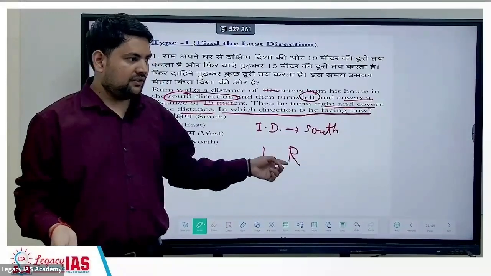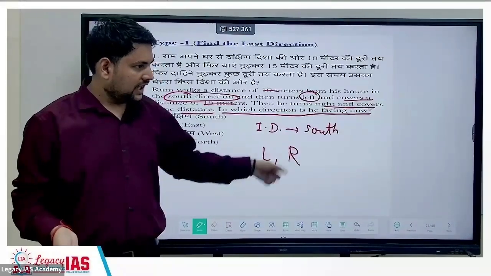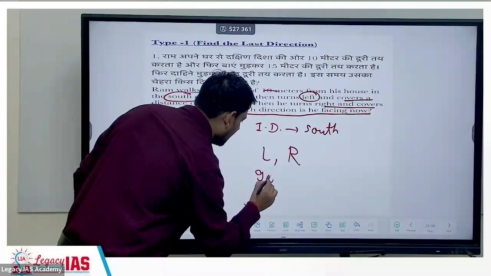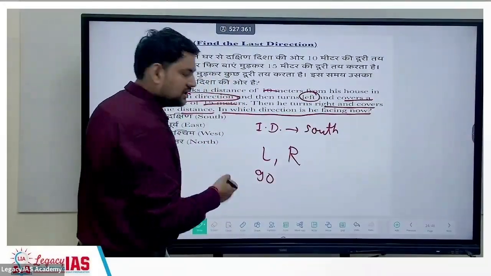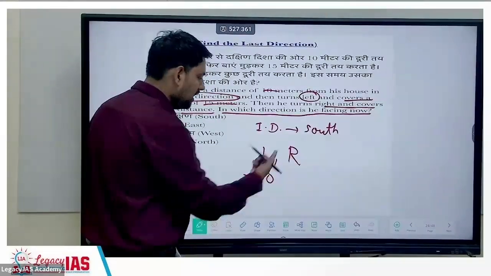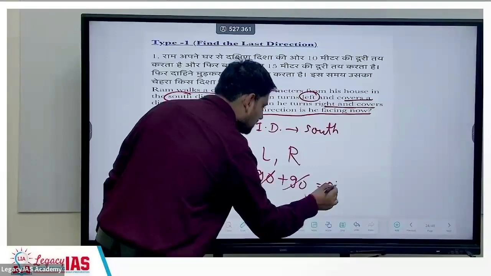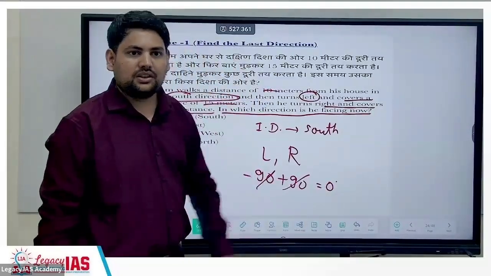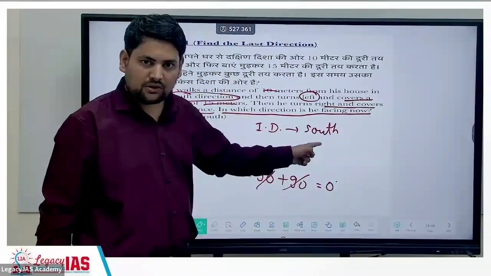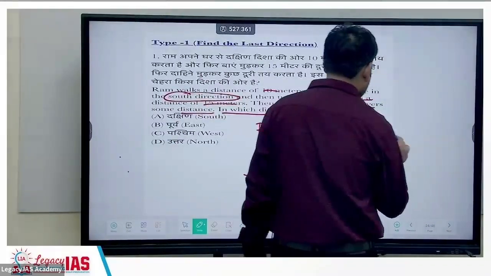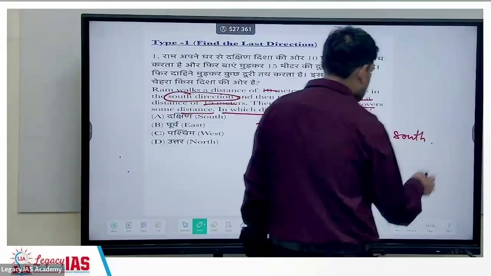He took one left and one right. We can cancel them out. As you can see, one left is actually what? 90. It is anti-clockwise. So this is minus 90. One right is plus 90. These get cancelled out. 0 degree, that is the same direction. So if he was going south, he took one left and one right. He's still facing south. Understood?